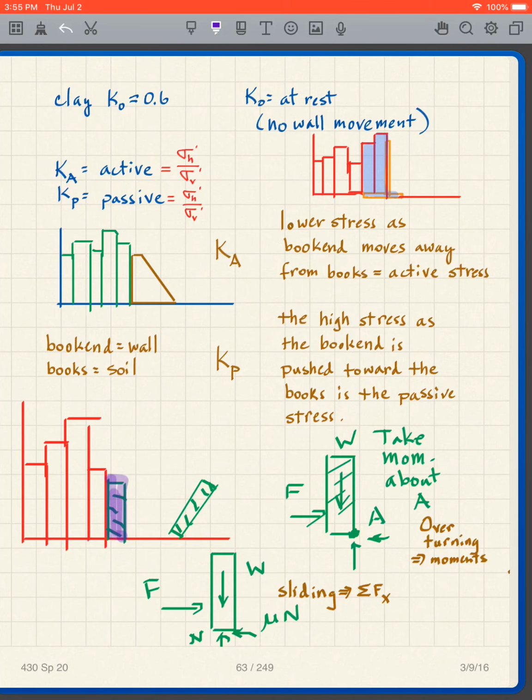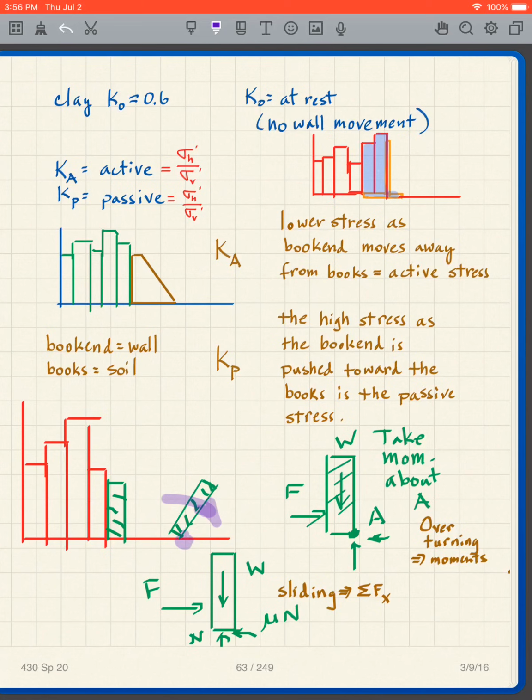Even though it's really heavy and we can generate good friction at the base, what's going to happen? Another mode of failure is overturning. This is going to turn over, and it's going to pivot about this point, in this case the right bottom corner.